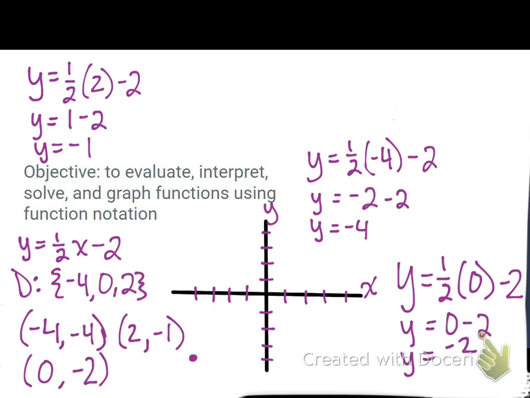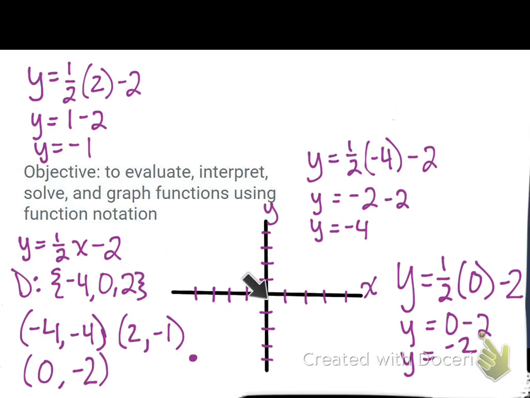What about the point 0, -2? Where are we going? Down how many? Down 2. So 0, -2 means I don't move left or right. That's where the 0 comes in.